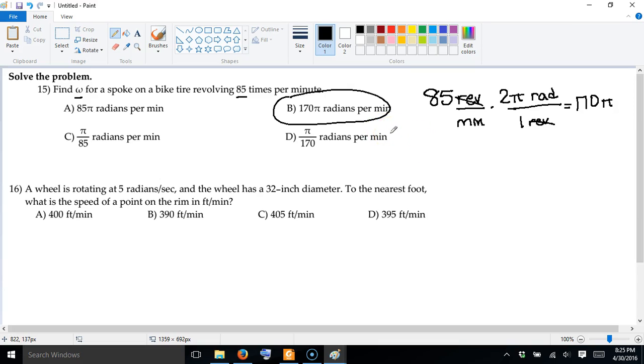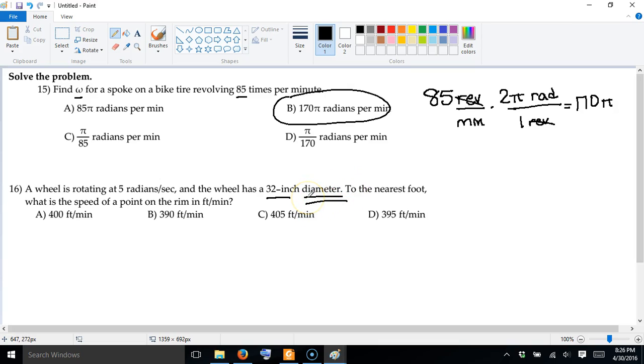Okay, number 16 has angular velocity in it, but we're asked to find the linear speed of something. So here we have a wheel rotating at 5 radians per second, and the wheel has a 32-inch diameter. It's important there. To the nearest foot, what is the speed of a point on the rim in feet per minute?